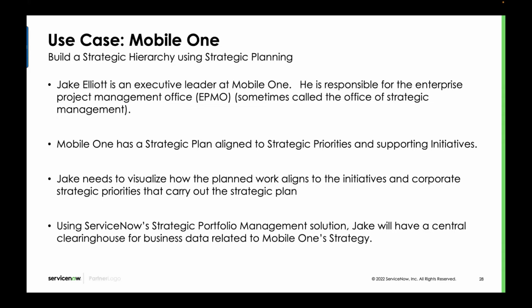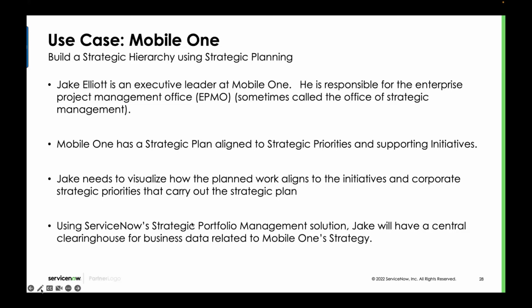Mobile One has a strategic plan, and it is aligned to strategic priorities, which have supporting initiatives. Jake wants to see and visualize how the planned work aligns to the initiatives and the corporate strategies, or the corporate priorities, so that they can actually carry out that strategic plan.